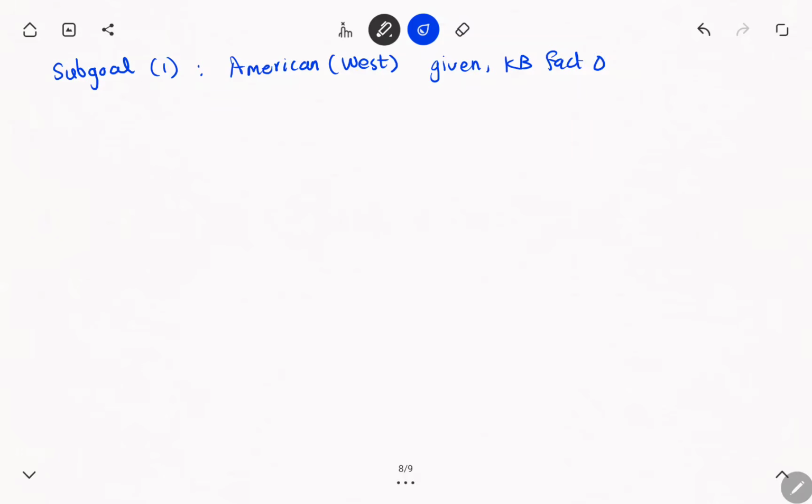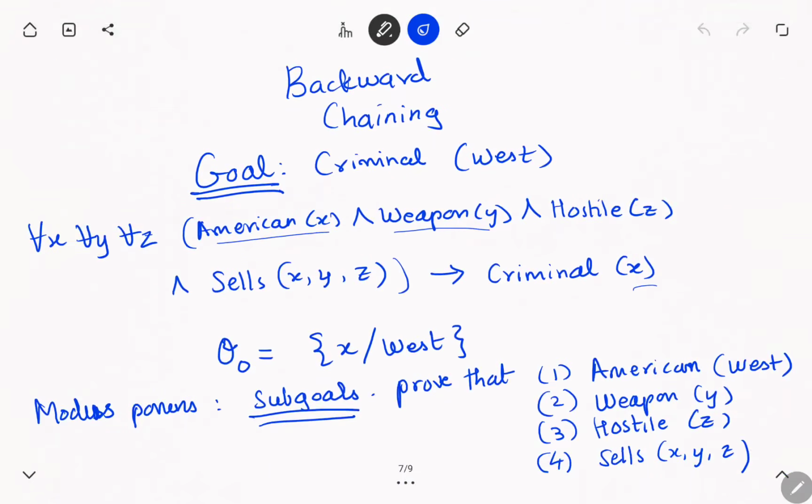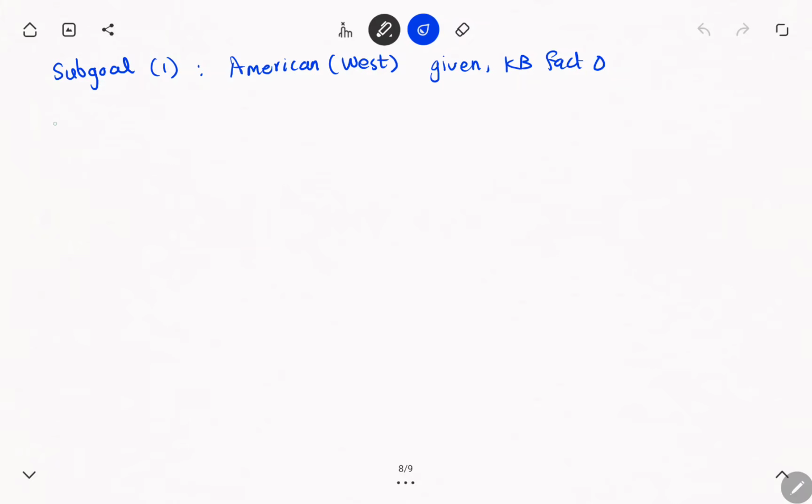Now off the bat, before proceeding ahead, let me use Skolemization and create those 2 additional facts that I had created before, because I will need them for my other goals. So for weapon y, for my sub goal 2, I will use: for all x, Missile(x) implies Weapon(x).